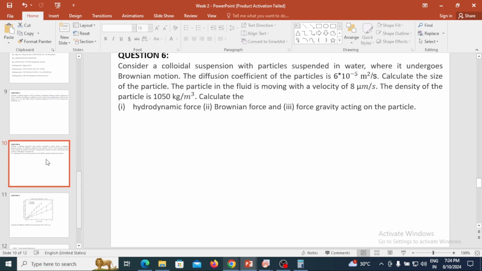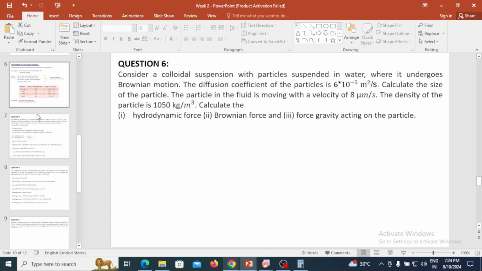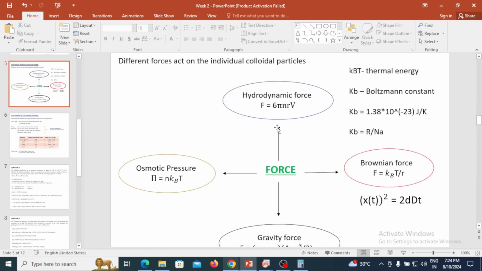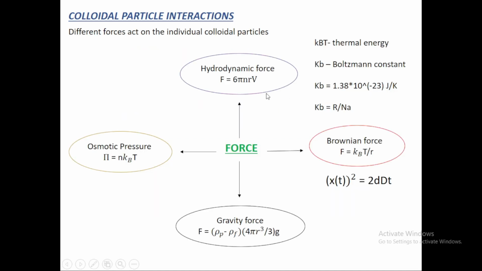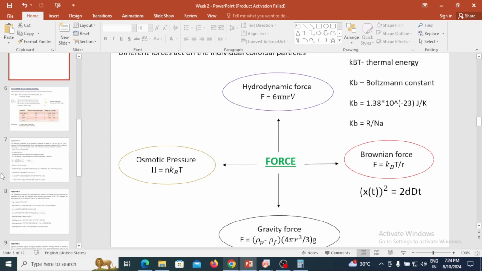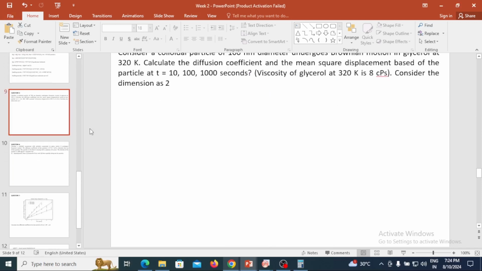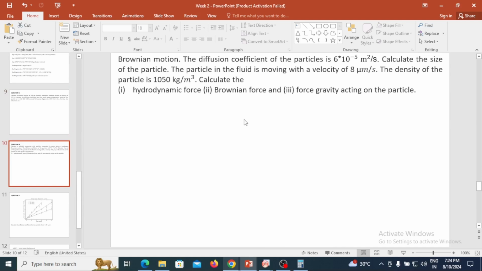First of all, we need to calculate the radius of the particle to calculate all these forces, because if you see in all these expressions, everywhere you have R. In hydrodynamic force you have R, in Brownian force you have R, in gravitational force also you have R. So you need to calculate the size of the particle before going to the calculation of forces.